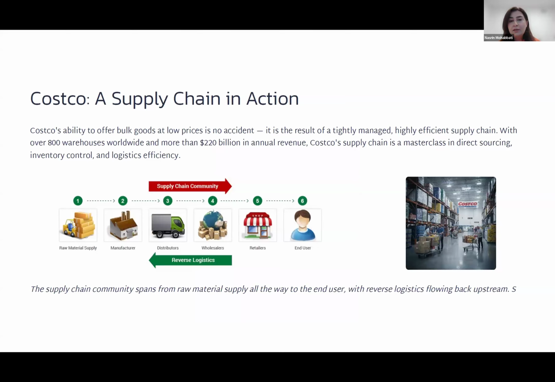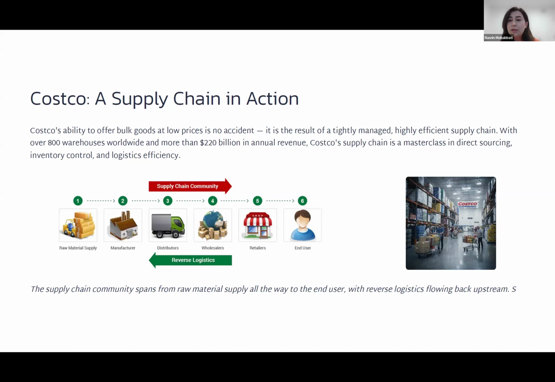So let's take a look at another example and see how a supply chain actually works. I'm sure that you all know Costco and maybe have purchased goods from Costco. So let's look at Costco's supply chain management. What they offer is low prices, right?